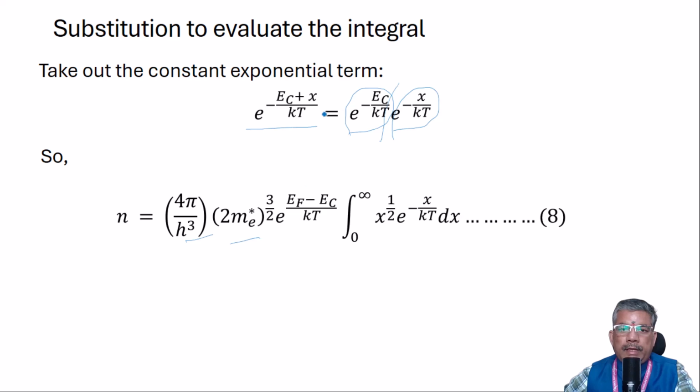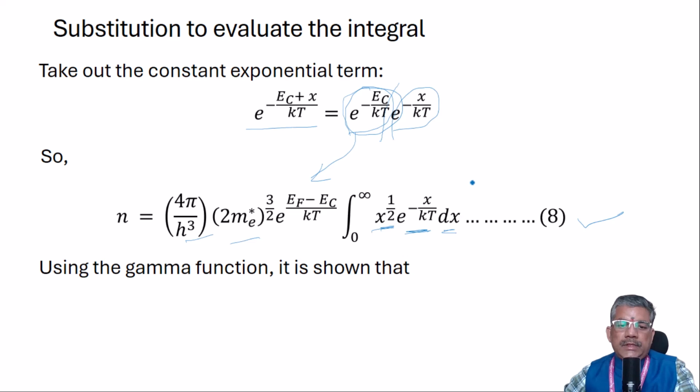Now we have to take this exponential of minus Ec outside the integral, so that we can write exponential of (Ef minus Ec) by kBT. So remaining is the integral 0 to infinity, x power 1/2 and exponential of minus x by kBT into dx. So that is our equation number 8.